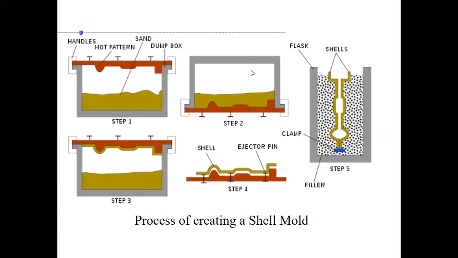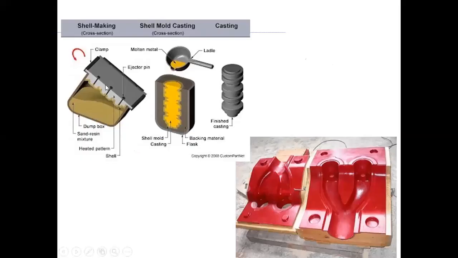Okay, then you see another example. You have this heated pattern, right? This sand resin mixture will be poured onto that. It takes the shape of that ejector pin. You eject it, you put it in another setup with this backing material and put the molten metal, and there you have the casting, right?